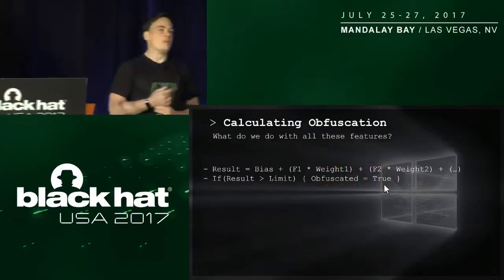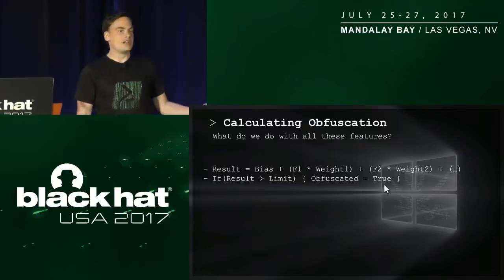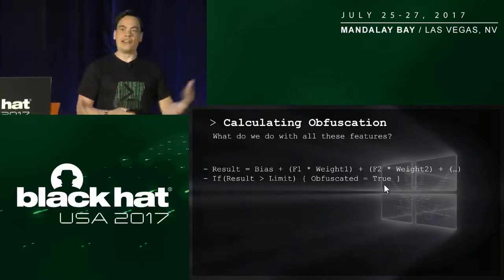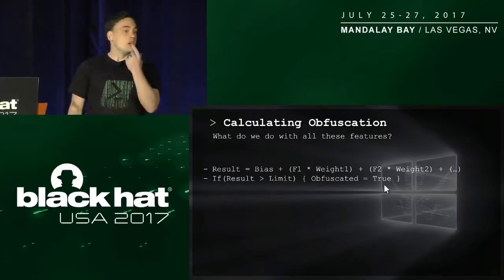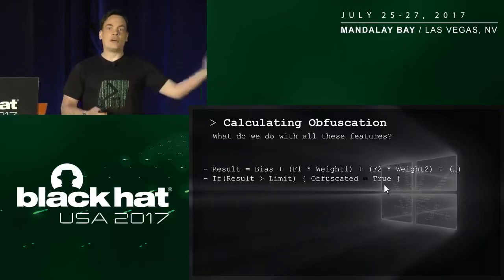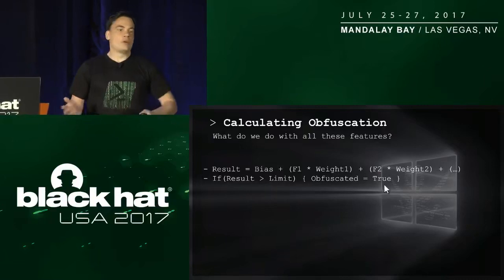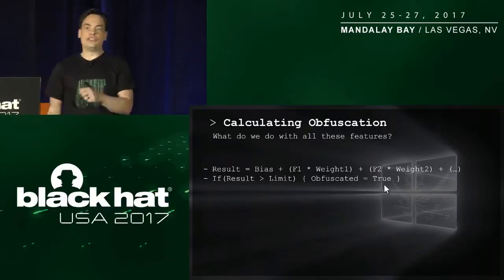Here's a thing. There's a technique that is really common in statistics called a linear regression. So you could do this in Excel. There's a lot of plugins to do a linear regression. So the way that a linear regression works, we talk about features, right? Those 5,000 features. How do you figure out which ones are the most important or not? So for each feature, you give it a weight.